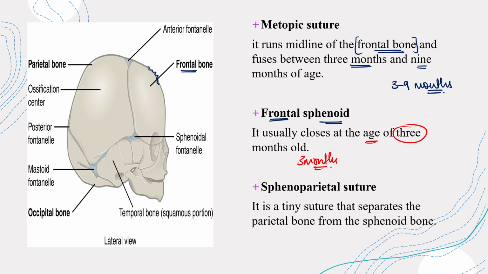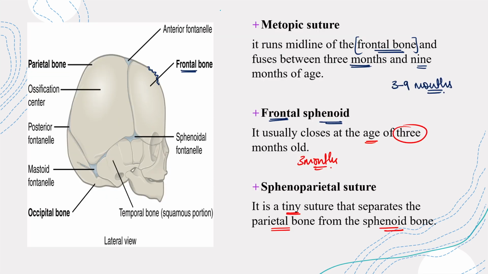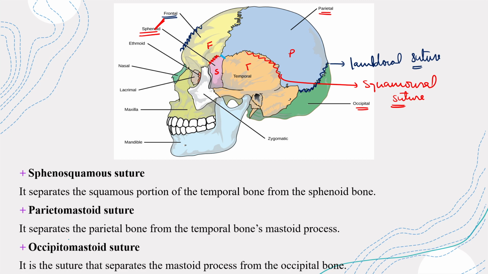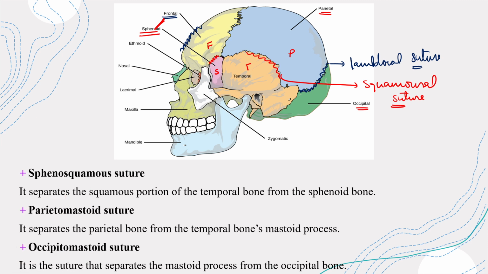Now coming to the sphenoparietal suture. It is a tiny suture which separates your parietal bone from the sphenoid bone. I'll change the color for the sphenoparietal suture so that you can locate it.